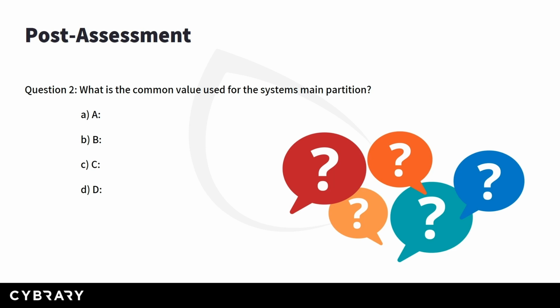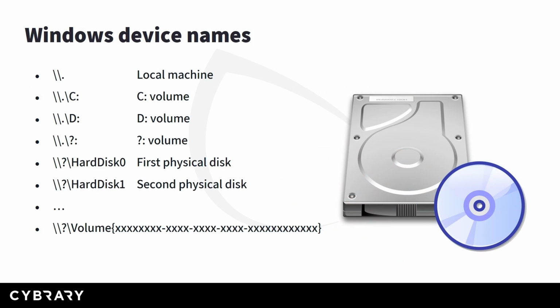Let's see. Here is a summary of Windows device names. As we analyzed, in the Windows world, drives can be identified by their name, such as Windows 7 OS, etc., and their device letter, such as C, as we have seen before. The important thing to remember is that Windows really only cares about the drive letter.